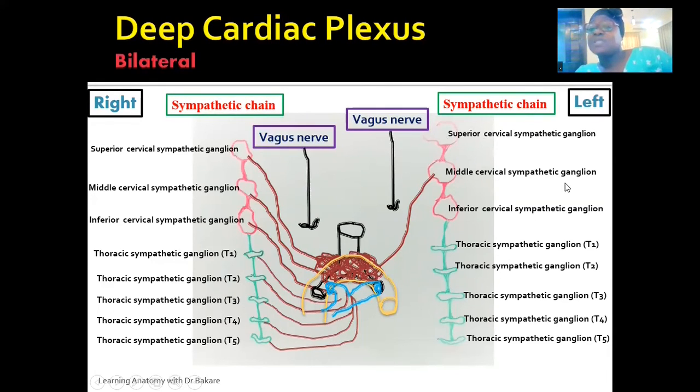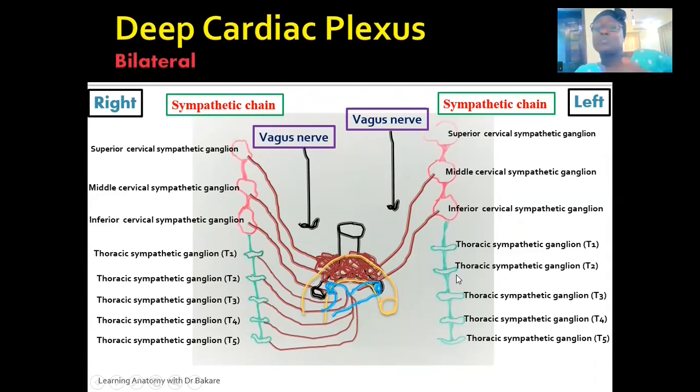While we have the middle cervical sympathetic ganglion, we'll also have the inferior cervical sympathetic ganglion. So you see that all the cervical sympathetic ganglia on both the right side and the left side, except the superior cervical sympathetic ganglion on the left, will be used as contributory branches in forming the deep cardiac plexus. Please take note of this in case you have it in examination.